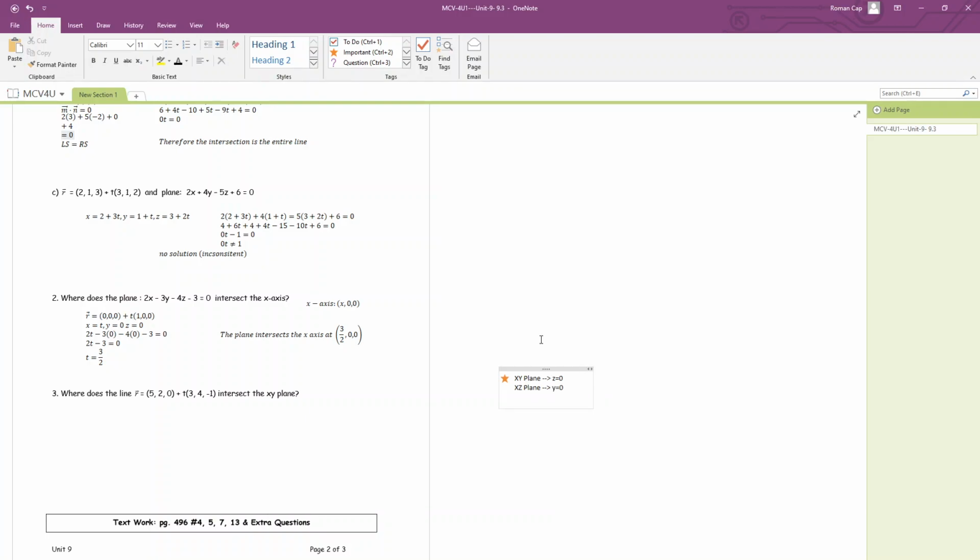And then finally, the yz plane, x is equal to 0. So basically, the variable that's not here is what's going to be equal to 0. Here, xy, what's missing is z, so z is equal to 0. Here we have xz, y is going to be equal to 0, because y is not actually here. And then yz plane, x is equal to 0. So it's whatever variable is missing, and then that's equal to 0.